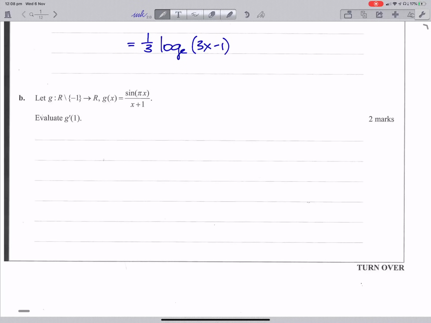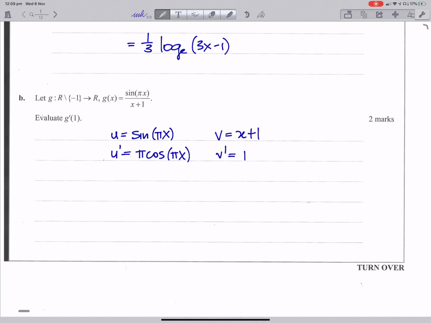Okay, evaluate g dash of 1. So let's do our working out. U is sine pi x. U dash, when we differentiate sine, we just get cos, so pi cos pi x. V is x plus 1. V dash is 1.